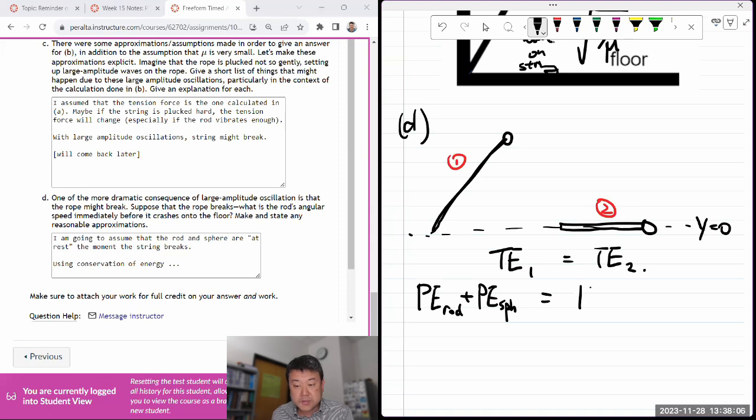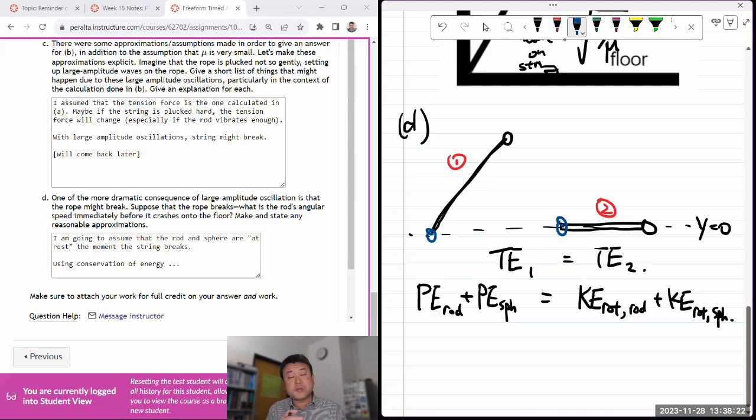Instead, what I'll have is kinetic energy. And let me use rotational kinetic energy of the rod and the rotational kinetic energy of the sphere separately. And I'm gonna make them rotate around this center of rotation, an actual fixed point.